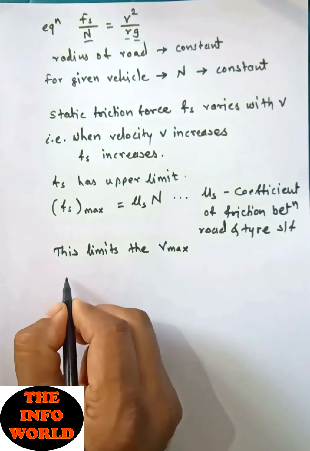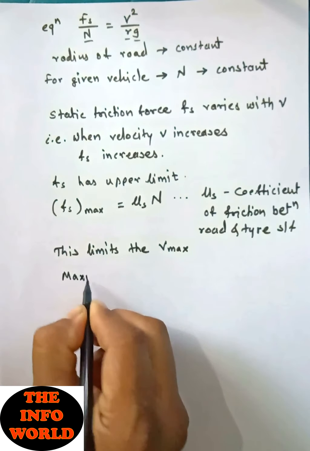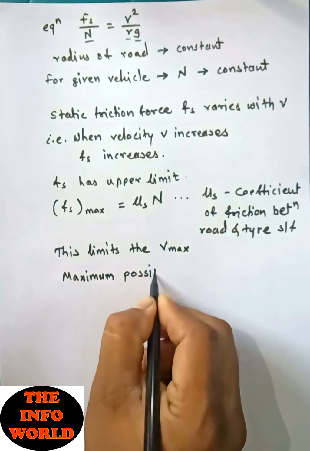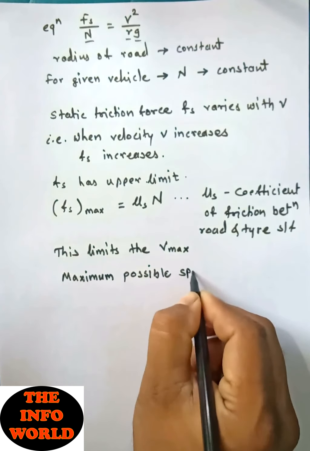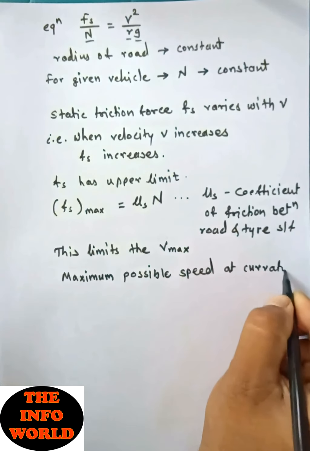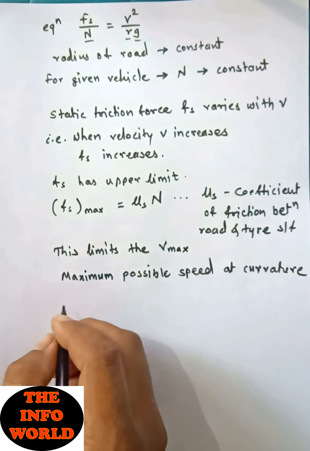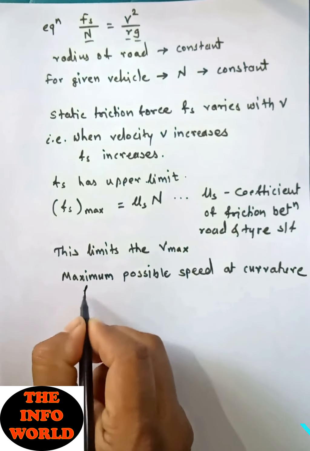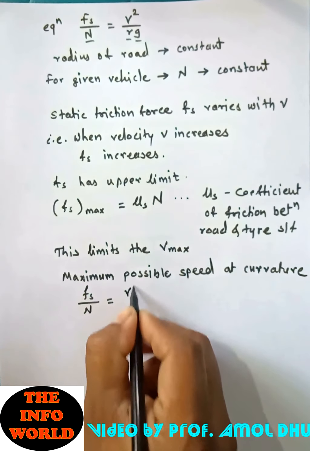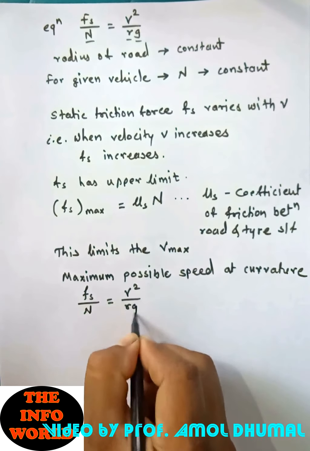This maximum possible speed at curvature can be calculated by Fs by n is equal to v square by rg.